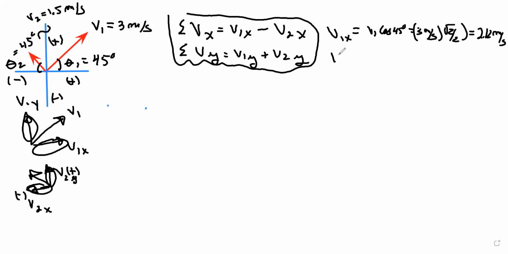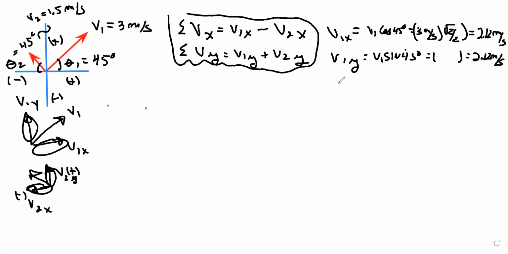And then we got v1 in the y direction, which is going to be v1 sine of 45 degrees, and it's going to be the same, 2.12 meters per second.